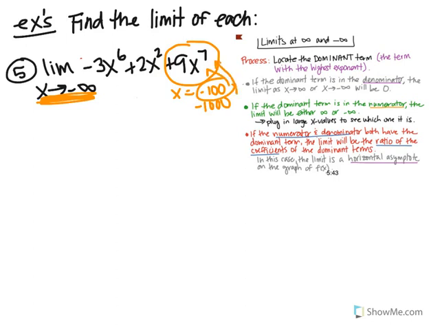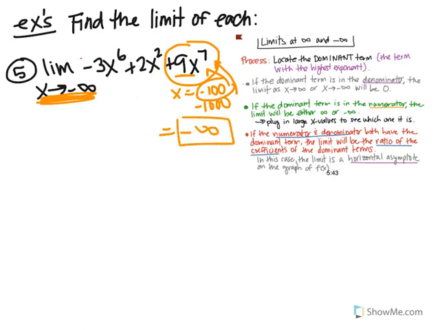Well, if you remember, if you have a negative number to an odd exponent, it's going to always be negative. So what would happen is a negative number times this 9 is going to still be negative. So all these values are going to get smaller and smaller and smaller, or go to negative infinity.